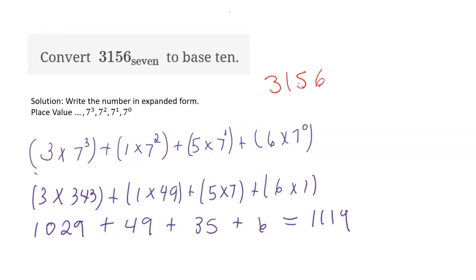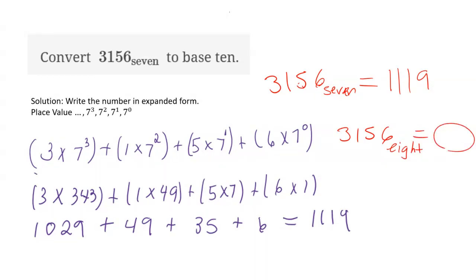So this numeral 3156 in base 7, or we could just call it a number in base 7, is equivalent in regular numbers, in our usual numbers, to 1119. And if I change the base, 3156, let's say the base now would be 8, then that would be something else.